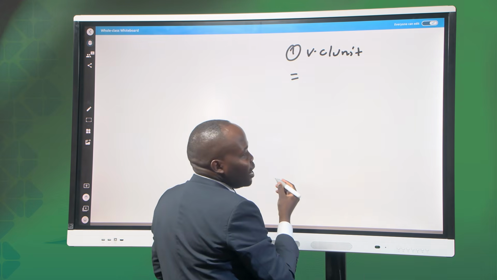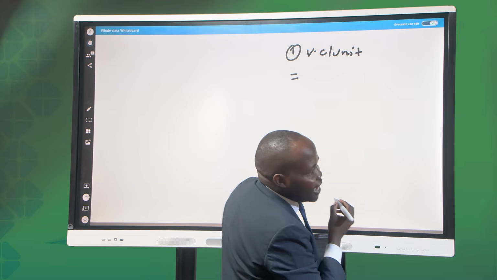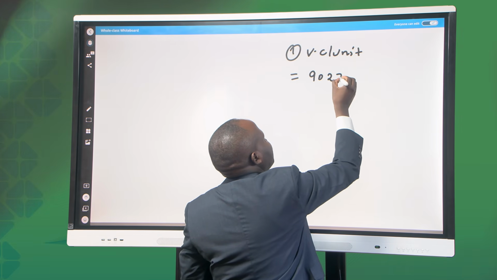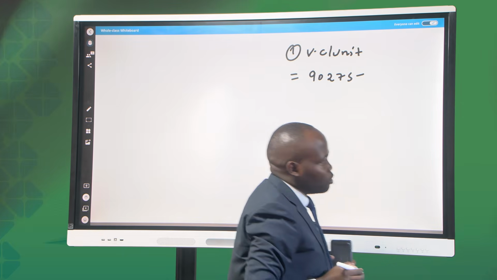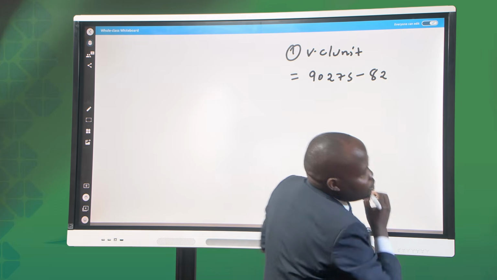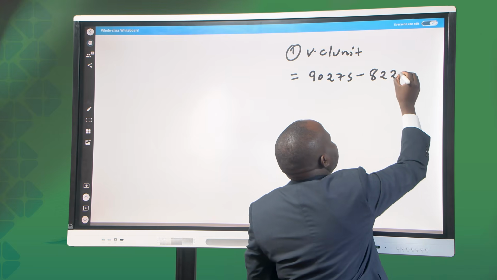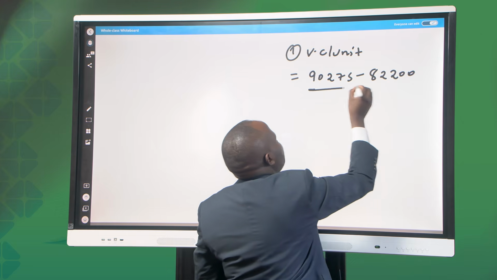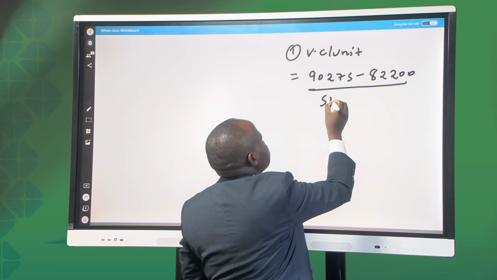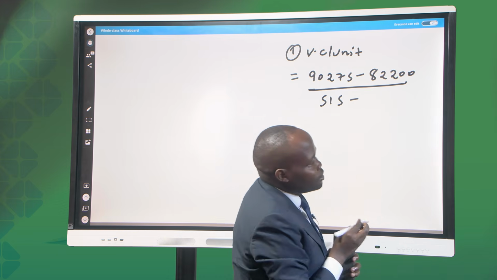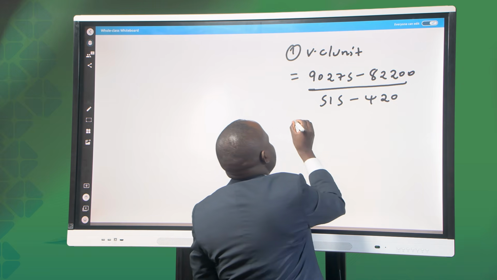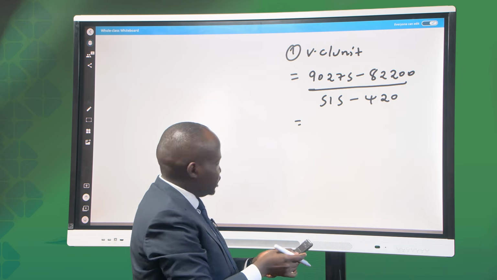So cost of our highest activity is 92.75, minus cost of our lowest activity is 82,200, divided by highest activity is 515 minus lowest activity is 420.